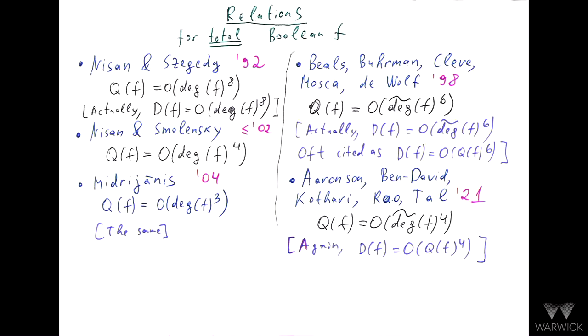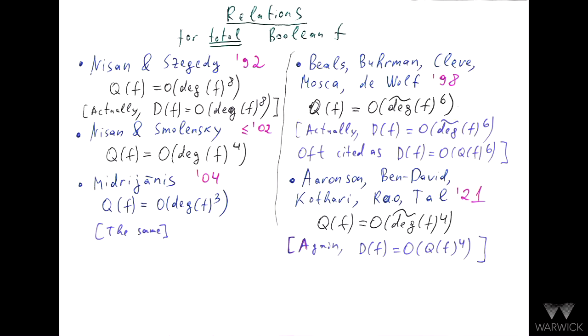There are a number of results for the exact degree; I think the best one is cubed. And there are a number of results for the approximate degree; the best is the fourth power. This is stated in terms of quantum query complexity, like the original formulation. So these are the relations for total functions.